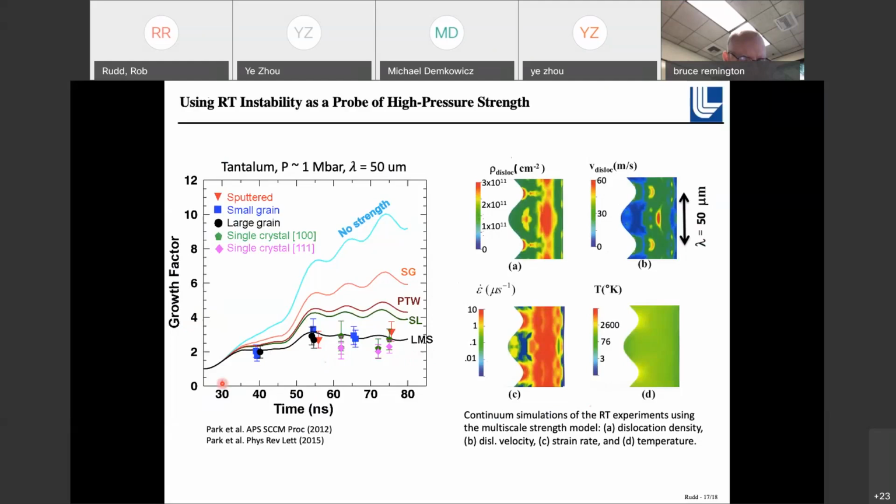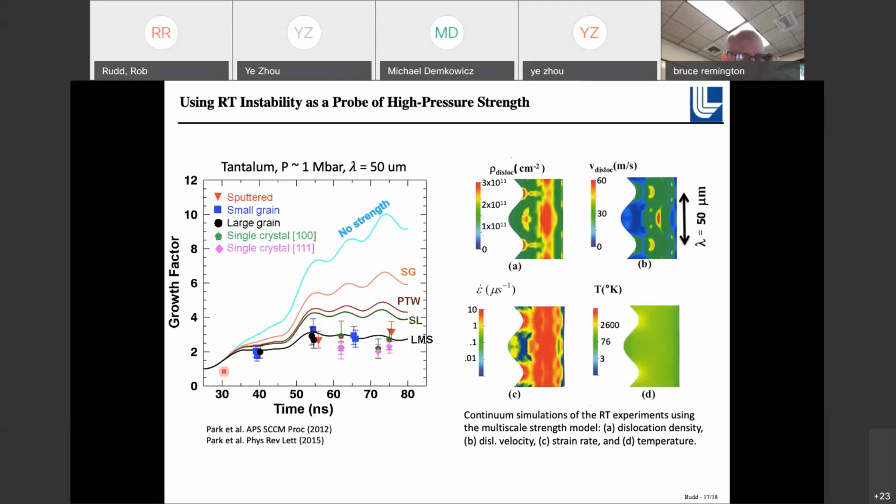This is plotting the time of exposure of that radiograph and the growth factor, which again is the ripple amplitude divided by its initial amplitude at a given time. There was a large set of data that were collected across a number of different kinds of material.